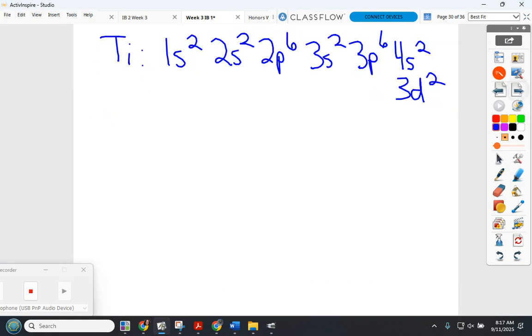Okay, so here's our titanium. What is the most recent noble gas for titanium? Annie? Yeah, it's argon. Okay, so our condensed configuration is going to start with argon. That is going to take all of this and put it into that little bracket, okay?